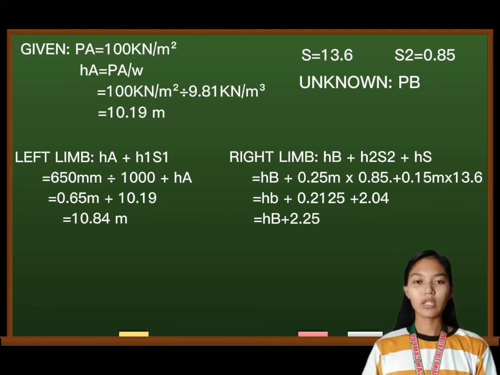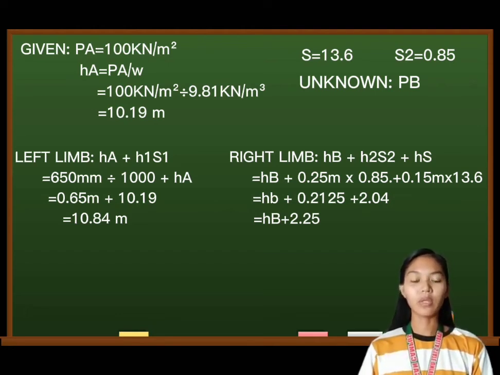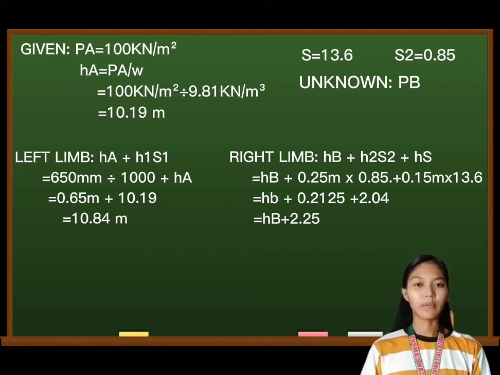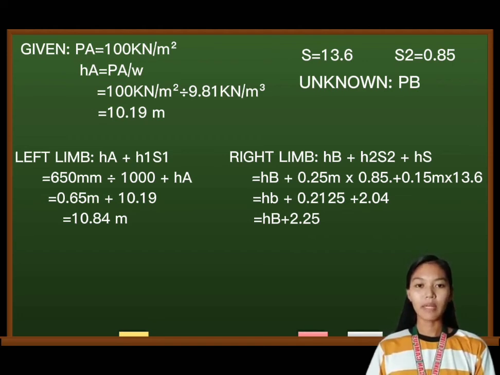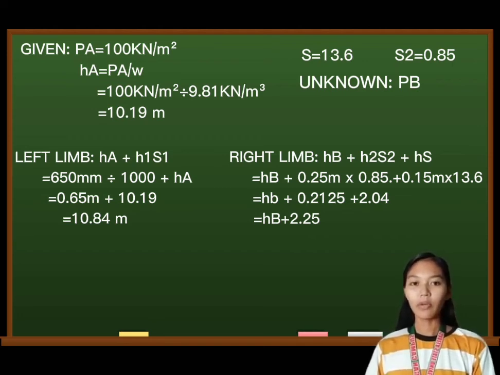Then, H is 150 mm divided by 1,000 is equal to 0.15 meter. So, HB plus 0.25 times 0.85 plus 0.15 times 13.6 is equal to HB plus 0.2125 plus 2.04, which is equal to HB plus 2.25.